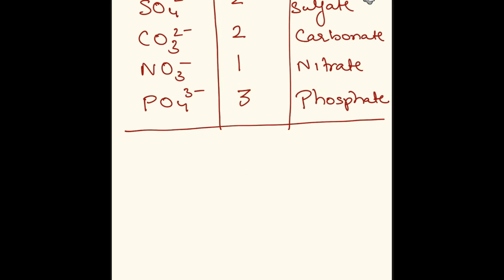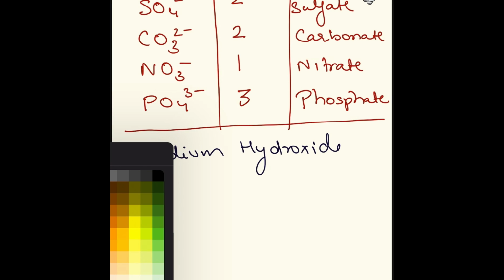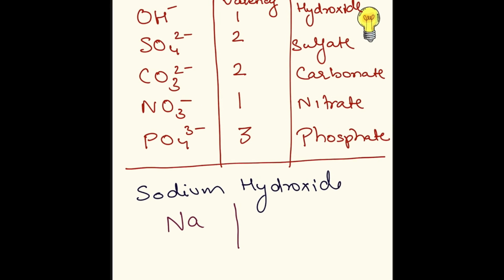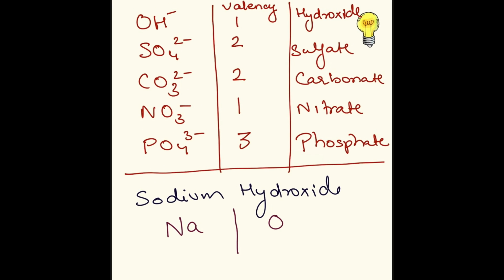So I want to frame the formula of sodium hydroxide. What is the first thing I'm going to do? I'm going to follow the steps. The first step is you have to write the symbols. Sodium is Na and the hydroxide symbol is OH.